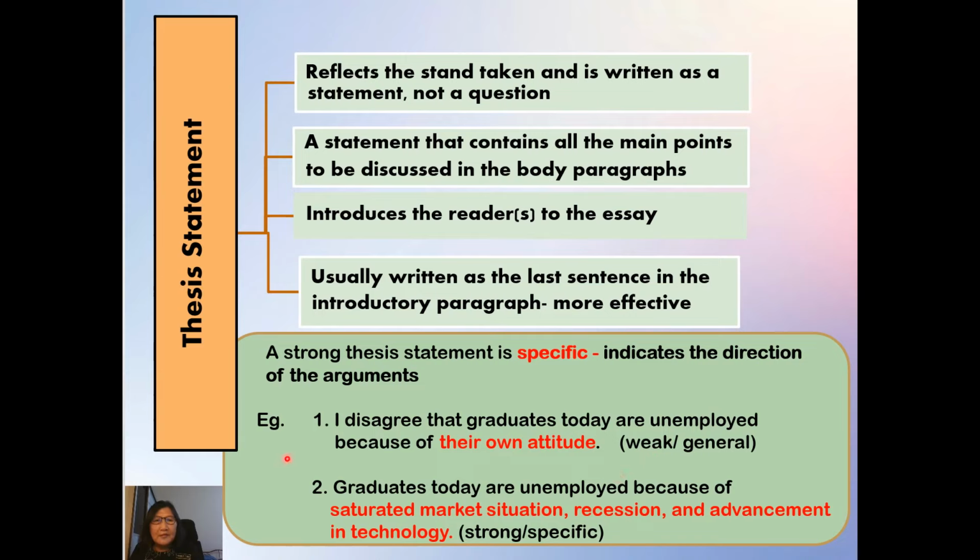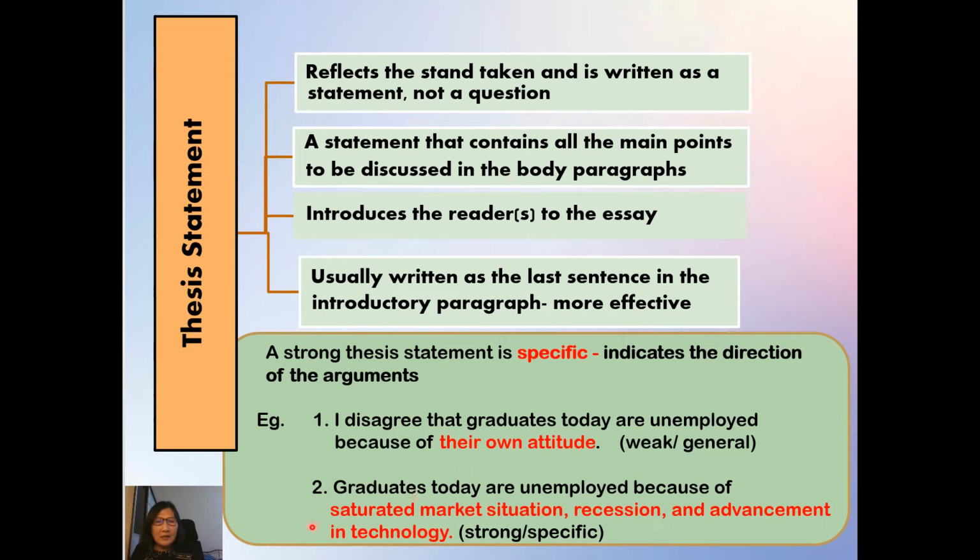In the first example here, I disagree that graduates today are unemployed because of their own attitude. This is what we mean by a weak thesis statement because here there is no direction of the arguments. The writer has simply provided his opinion on the issue only.